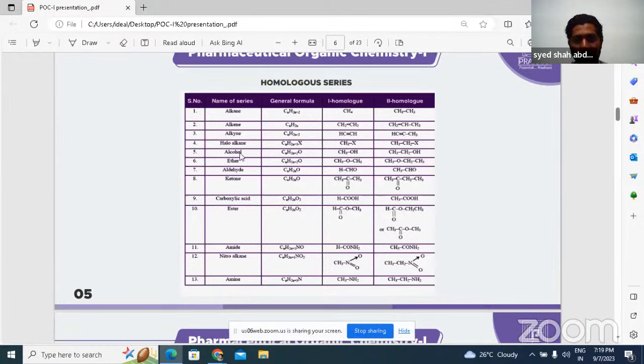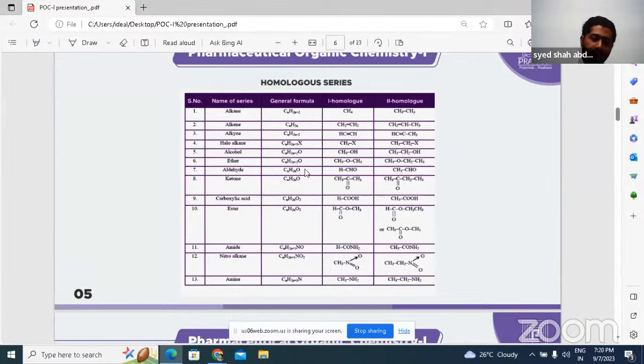So alcohols are those having a hydroxyl, OH group. An example is mentioned here. The first homologue is methanol, and the second is ethanol, a two-carbon alcohol. The third will be propanol, three carbon. The fourth will be butanol. The fifth will be pentanol. So this is about the homologous series.